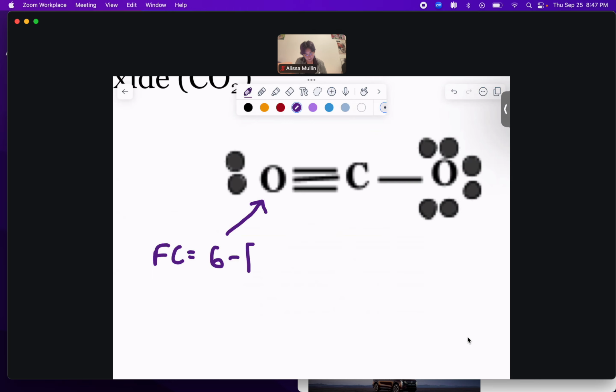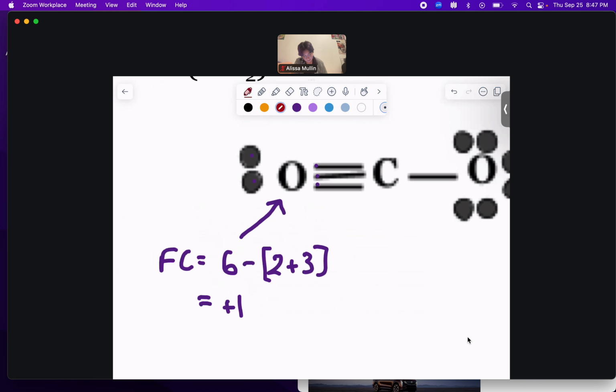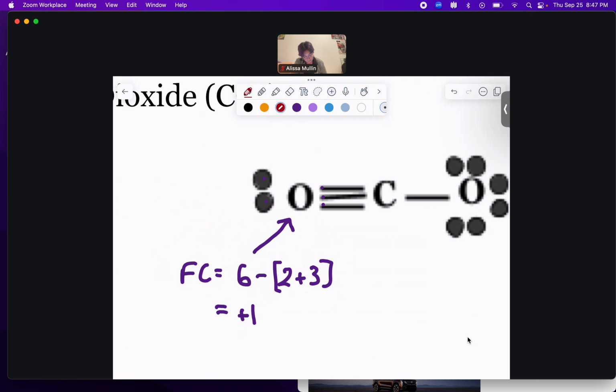I'll compare that to the fact that it has 2 dots and 3 lines. So the formal charge on this oxygen is a +1. It's still stable. It has 8 total, but technically the distribution is a little bit low. There are not as many dots as it would prefer, but maybe that's okay. So it's kind of repetitive.